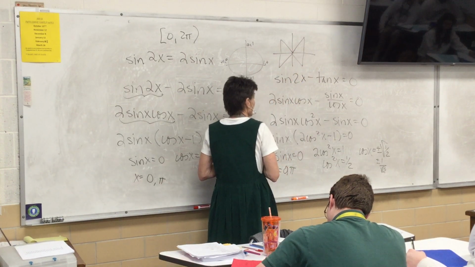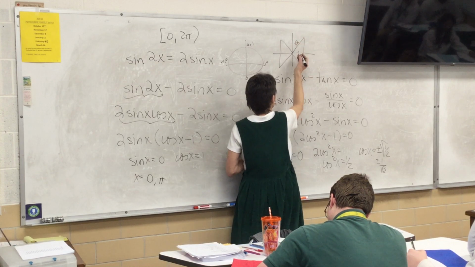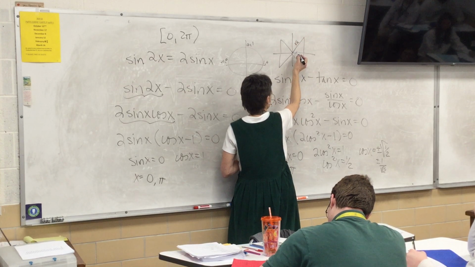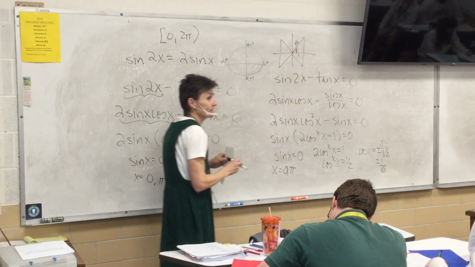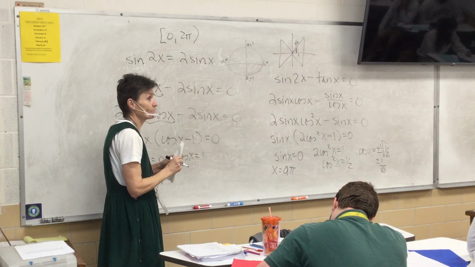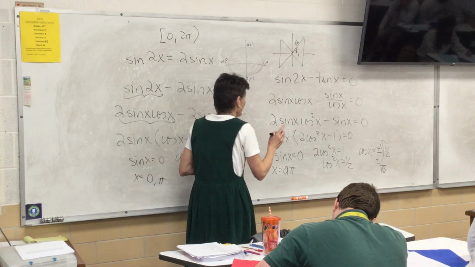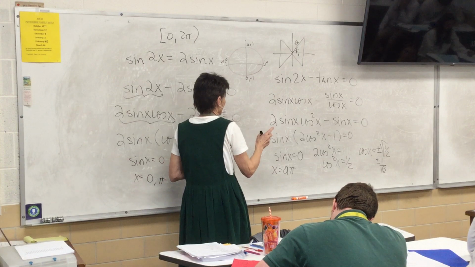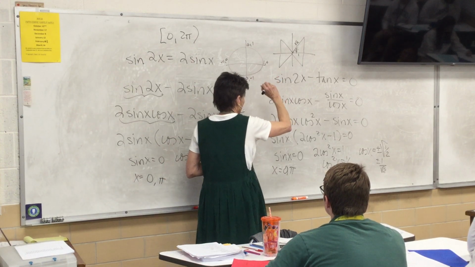And 1 over root 2, what kind of a reference angle? Or pi over 4 in radians? 180 divided by 4, pi over 4, 45. So I've got 45-degree angles, pi over 4 angles, in every quadrant.